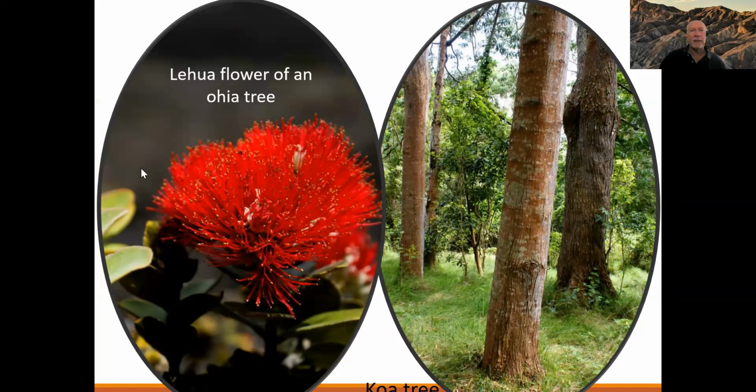Okay, and so again, the legend goes, I believe, that it had to do with a prince and a princess that were in love, and I think Pele was jealous of the princess, so she turned her into the flower, and the prince was so upset that he begged Pele to turn him into the tree so that they could be together. I think that's a cute story.